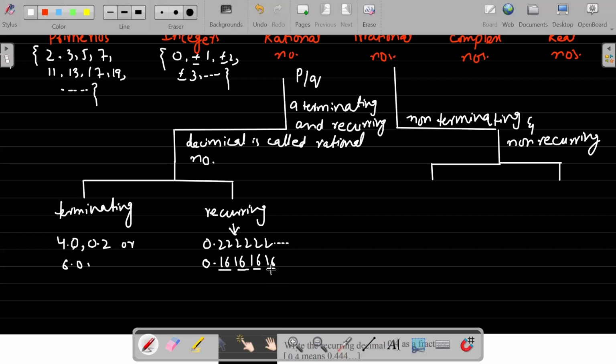So we also call this a recurring decimal. Or 0.35555 and so on, it's also continuous, so we call this a recurring decimal as well. These are the definitions and examples of recurring and terminating.